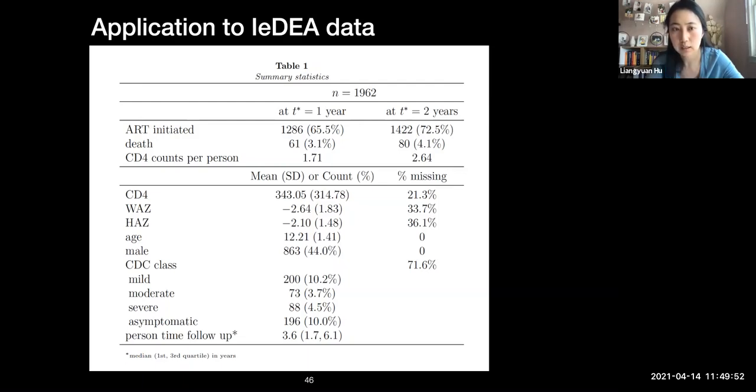We can see that CD4 is very sparsely measured, and the mortality rate is also pretty low. For covariates, some of which are time varying, obviously CD4, weight-for-age z-scores, and height-for-age z-scores, some of them are time fixed.